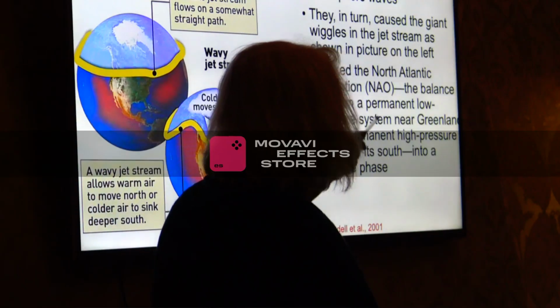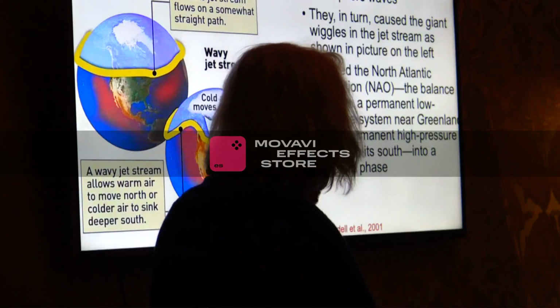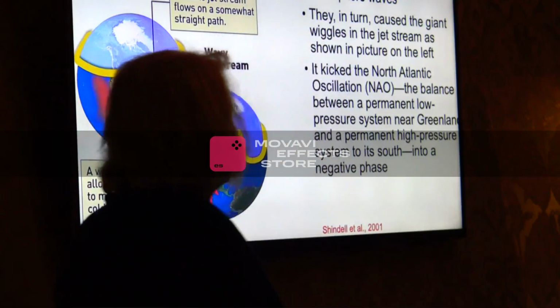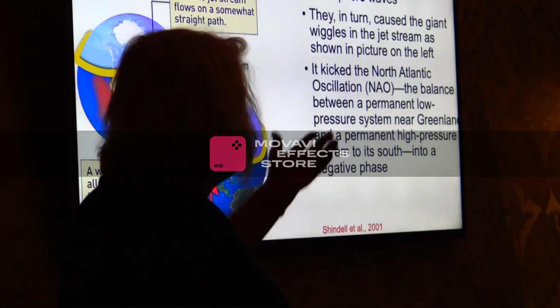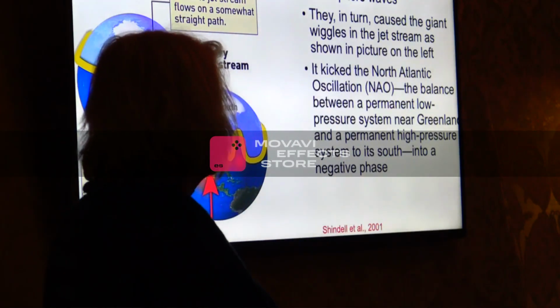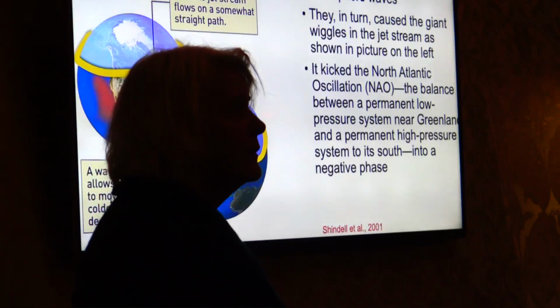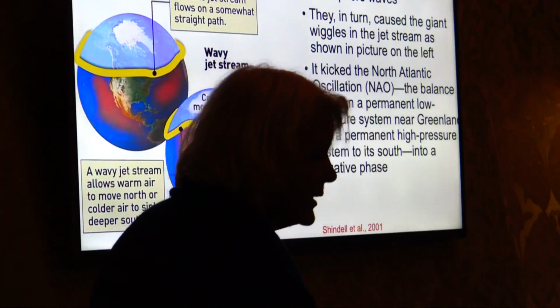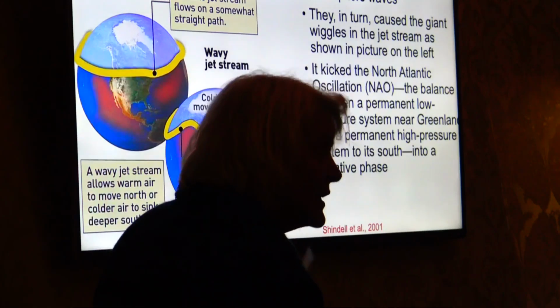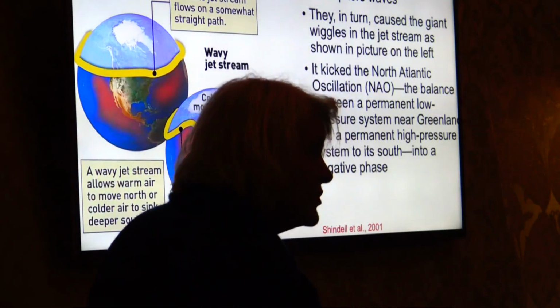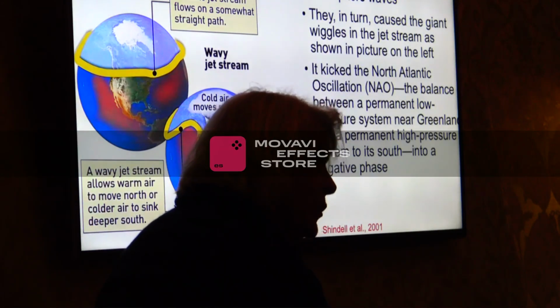It kicks off the North Atlantic Oscillation, and the balance between the permanent low pressure system near Greenland and the permanent high pressure system to its south goes into a negative phase. This is why we get this decrease of the temperature. And this 1 degree is essential for us. We are in the north of Europe.